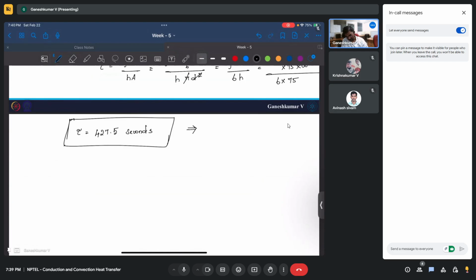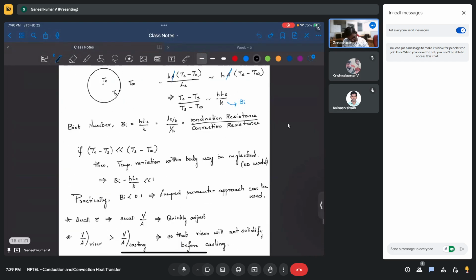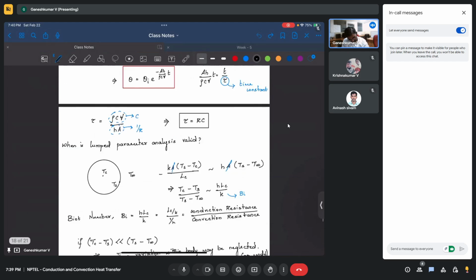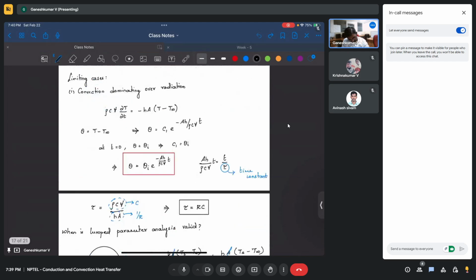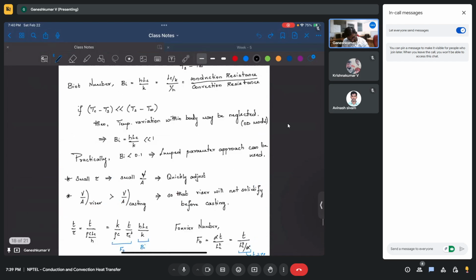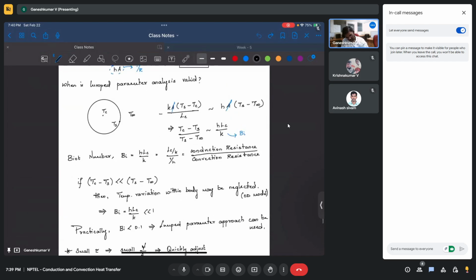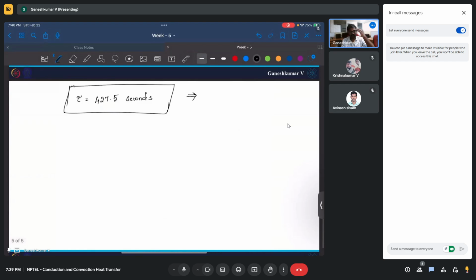For example, let's say, did I write it here? Okay, here it is not written. When you apply a temperature gradient, so now we have 25 and 300 degrees Celsius, to reach 63.5% of 25 minus 300 degrees Celsius, it takes 427.5 seconds.